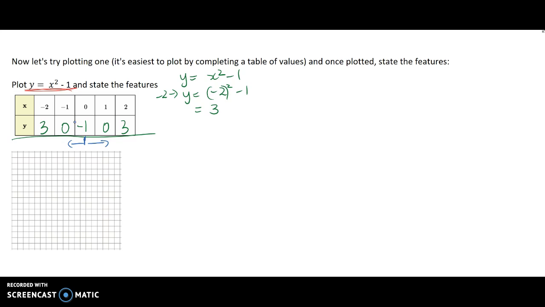Alright, so let's draw them. What I'm going to do is I'm going to let you draw that. So let us draw. Let's draw this very quickly.